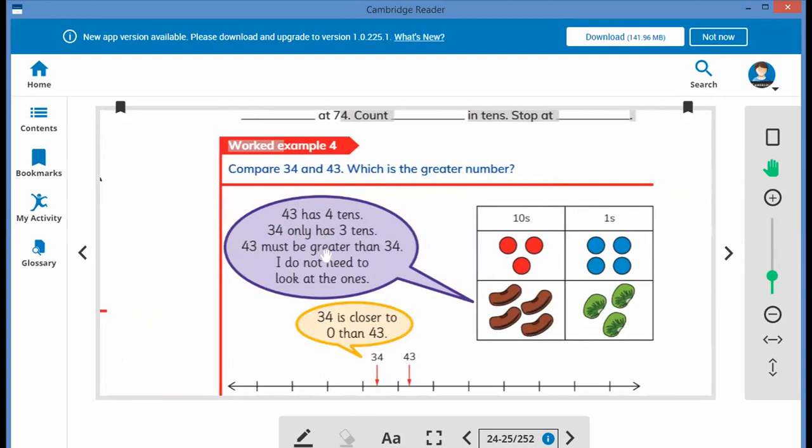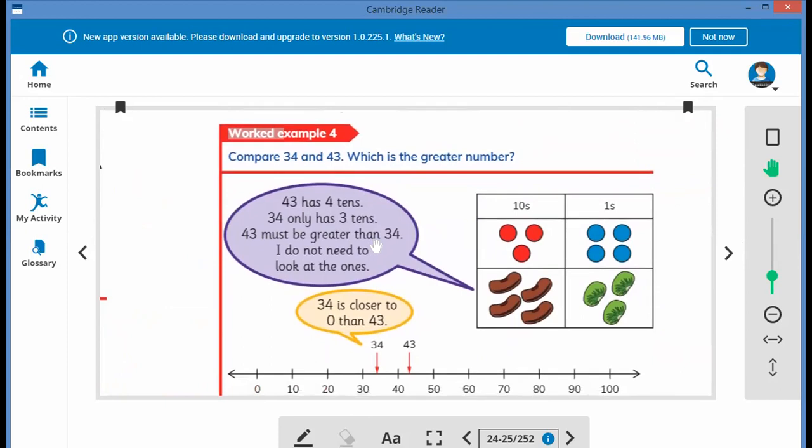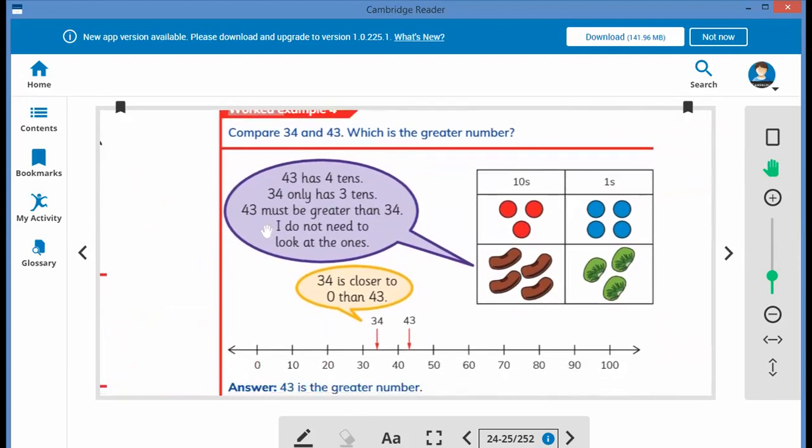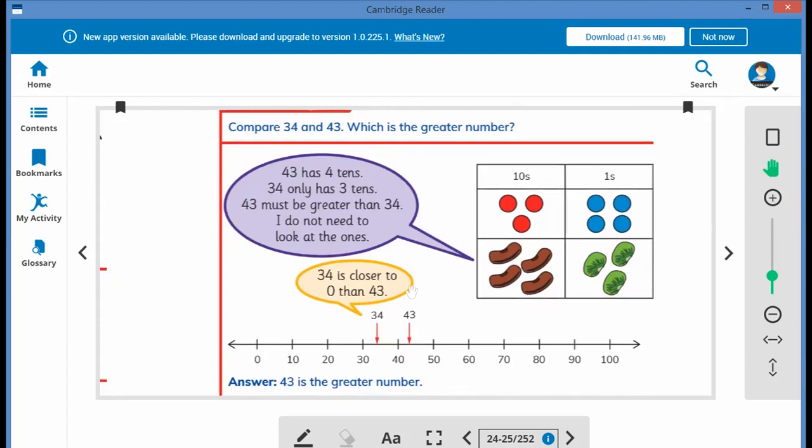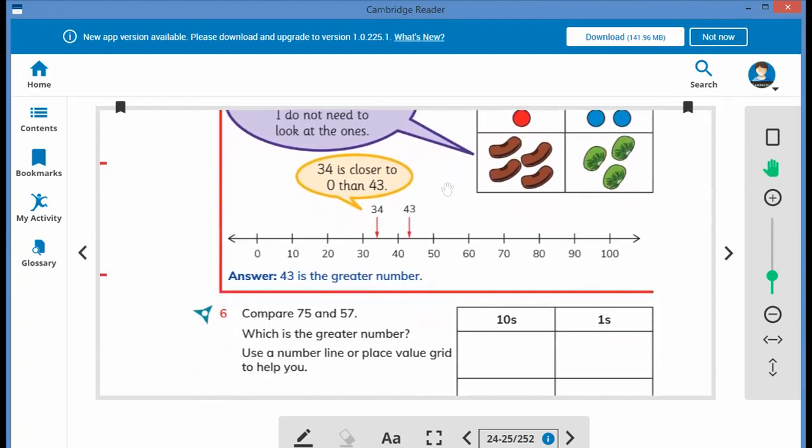So 43 must be greater than 34. I do not need to look at the ones. 34 is closer to 0 than 43. So the answer is that 43 is the greater number.